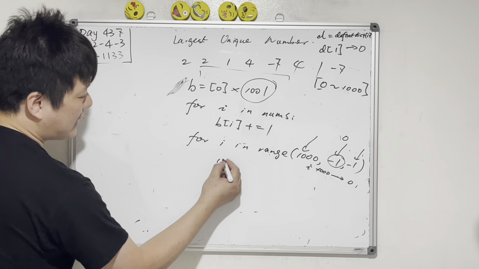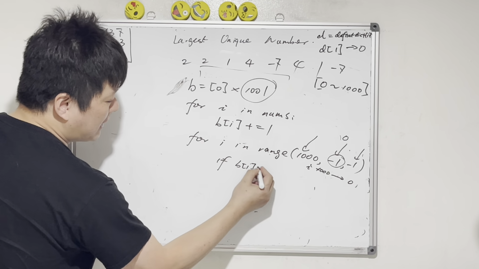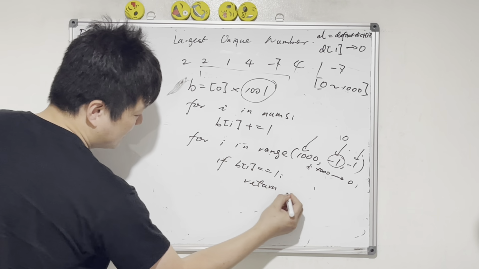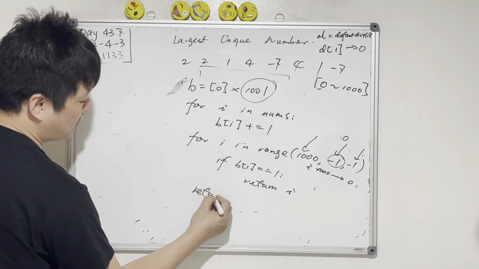If this bucket equals 1, then it's a unique number, we just return i, and otherwise return -1.